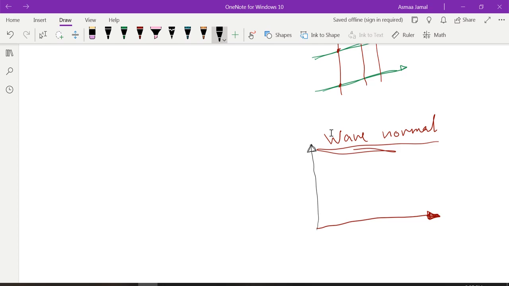So this is the wavefront. Here we have light, and we have another ray of light perpendicular to the wavefront. Then this one we call the normal wave or wave normal.